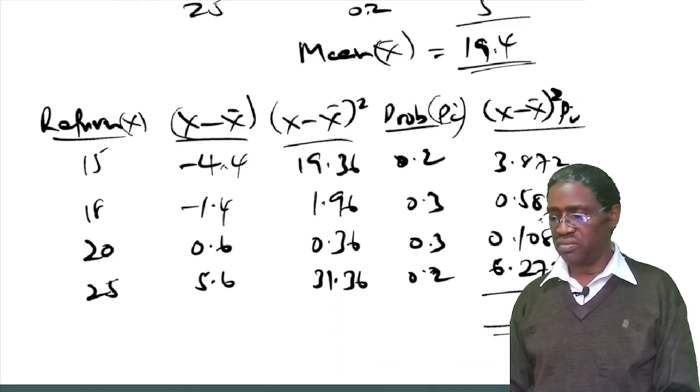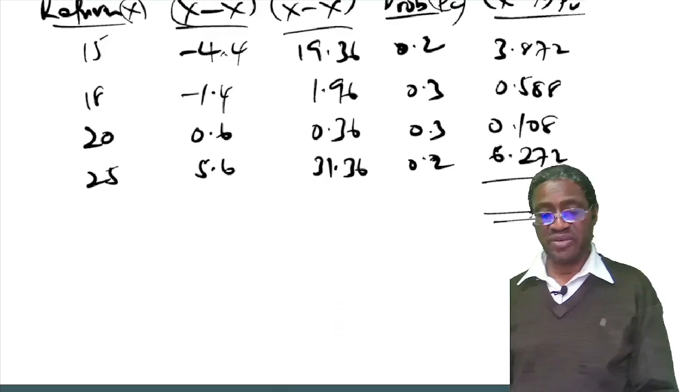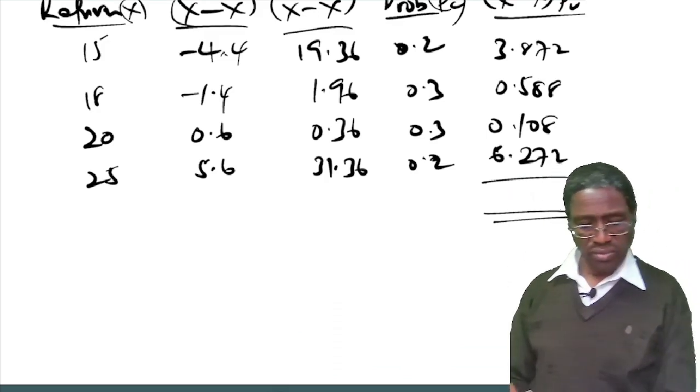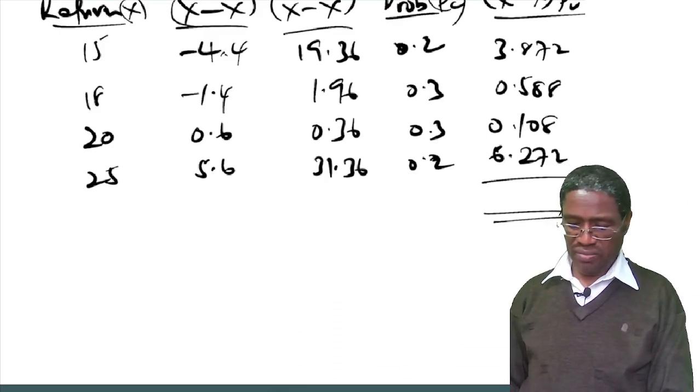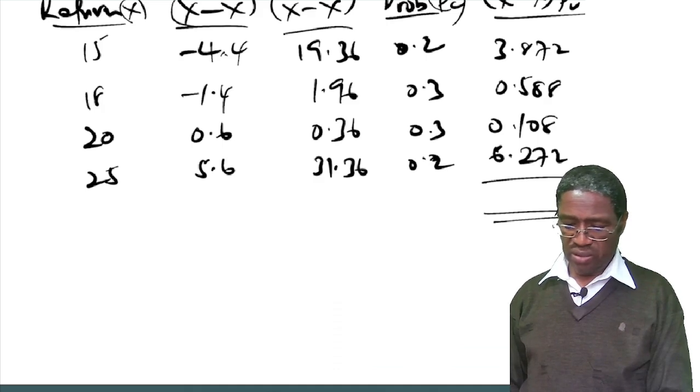Then I get the sum of those squared deviations. Let me add them. 3.872 plus 0.588 plus 0.108 plus 6.272.